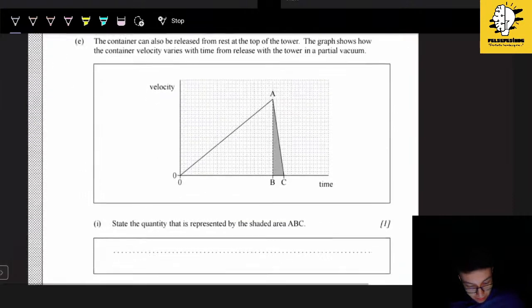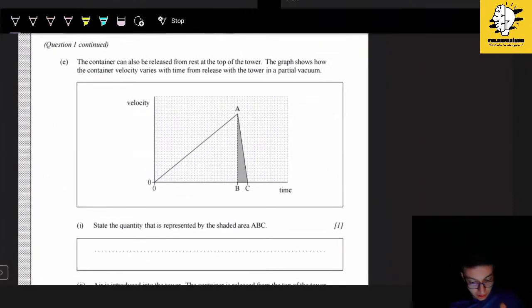So again, here we have another question, right? It says this is the velocity versus time graph for this action. And it is said, state the quantity that is represented by the area ABC.